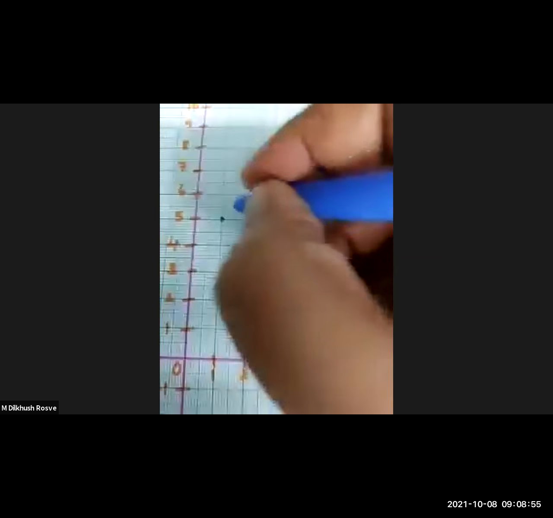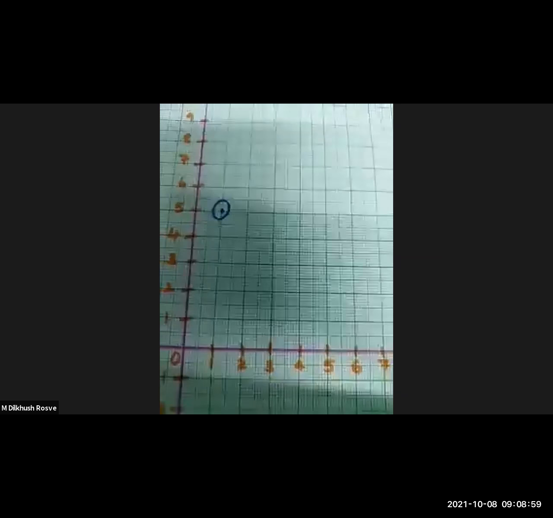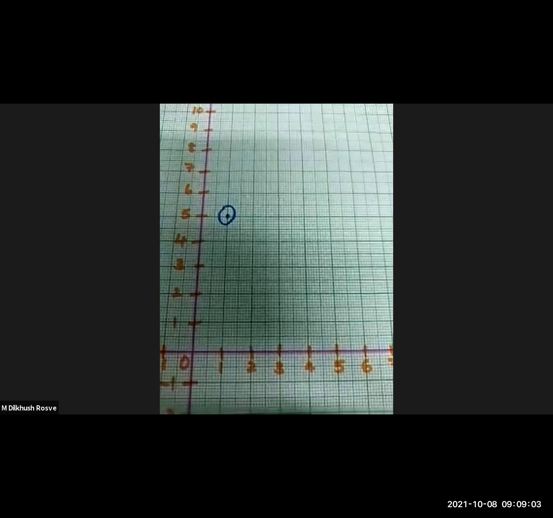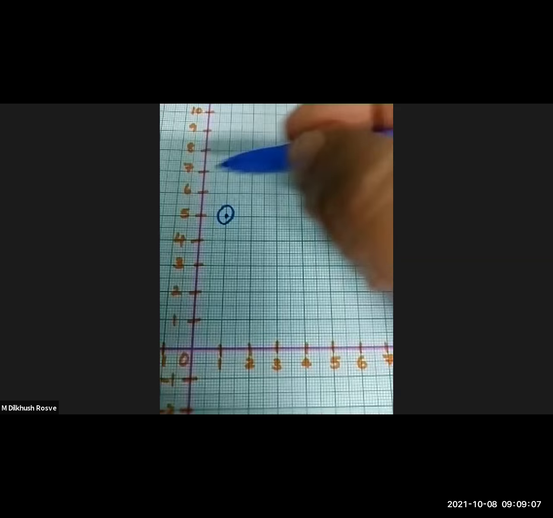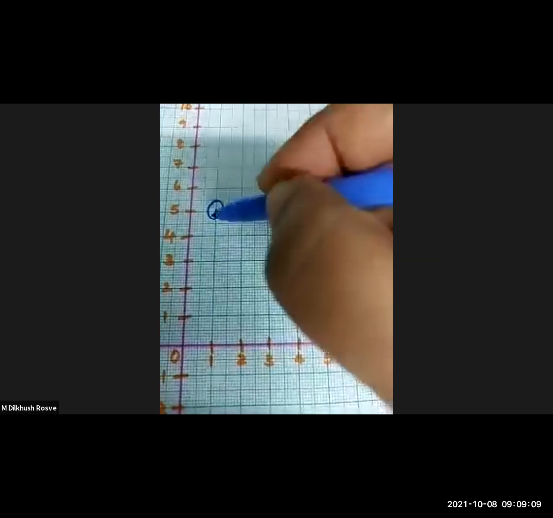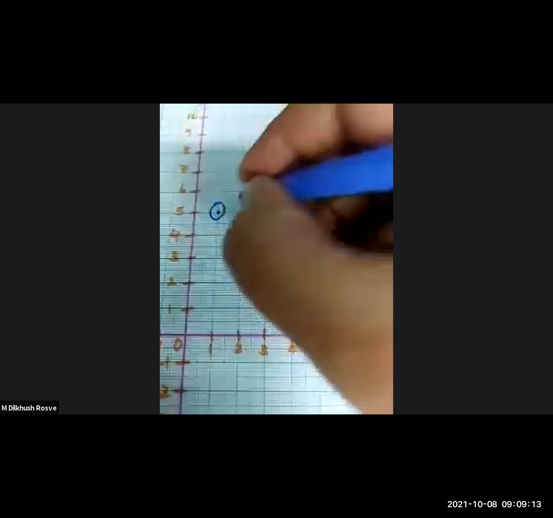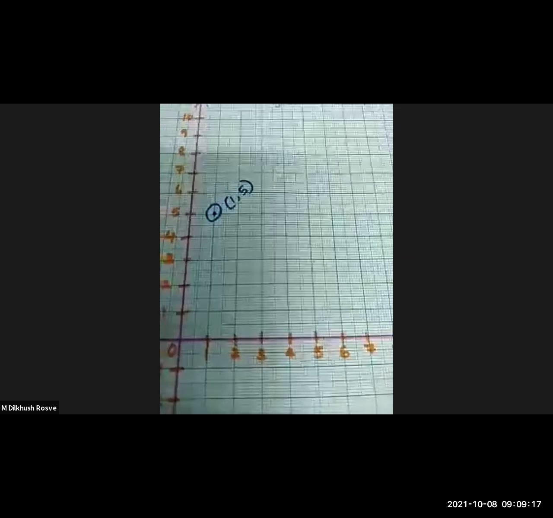I have kept the point and put a circle over here so that the point is highlighted. If you don't put the circle, it's okay, no problem. So 1, 5 means 1 and 5, that intersecting line. I have kept one point here, and you write here 1, 5. Is it clear, children?